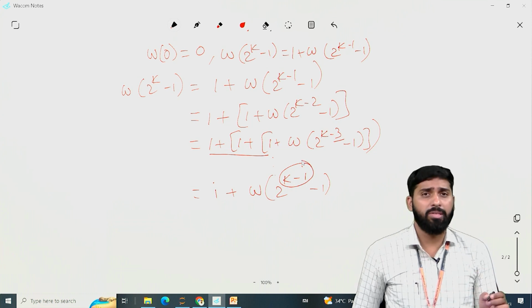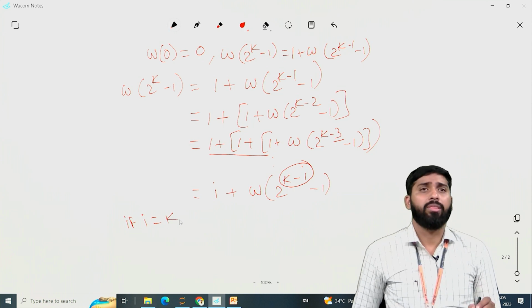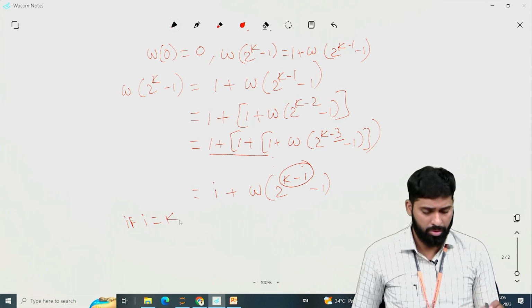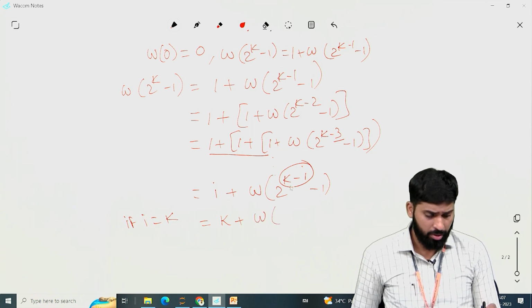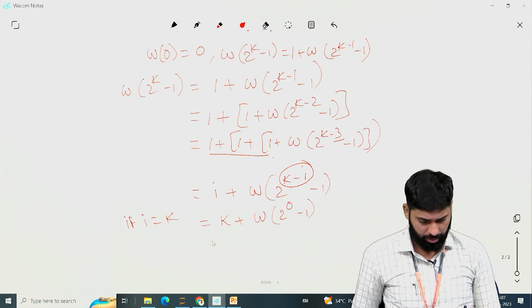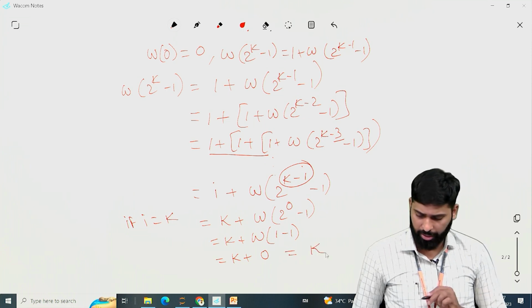When i equals k, W(0) becomes 0. So substituting i equals k, we get k plus W(2^(k-k) minus 1), which is k plus W(2^0 minus 1), that is 1 minus 1, 0. So k plus W(0) equals 0, that equals k here.